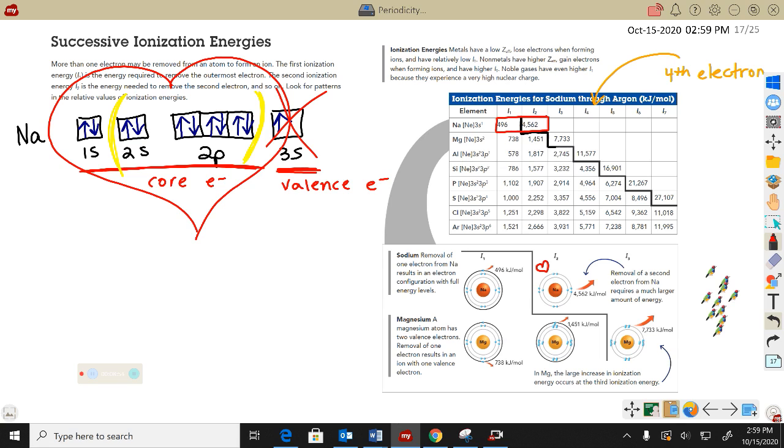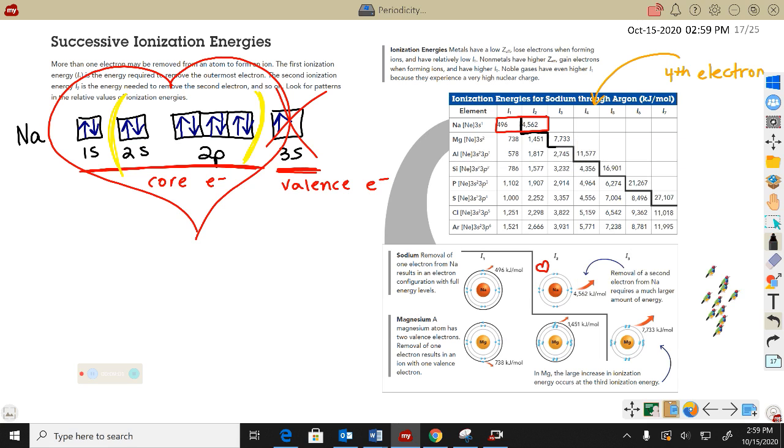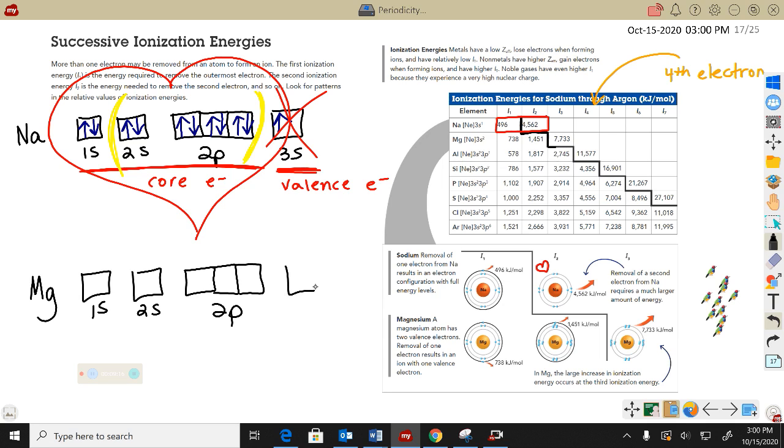Oh, interesting. Okay, now let's look at magnesium. Magnesium, Mg, would be really similar, right? 1s, 2s, and then I'd have my 2p orbital, and then I'd end with my 3s.